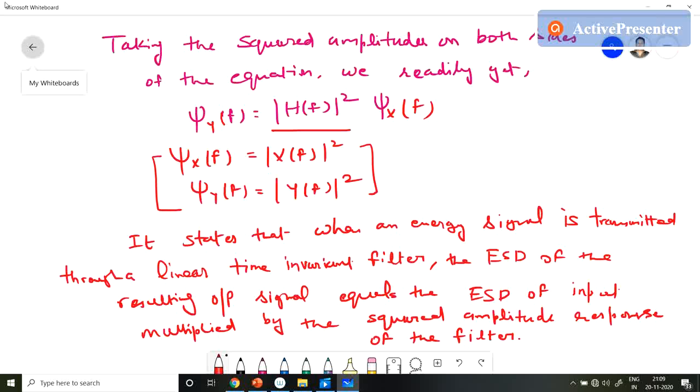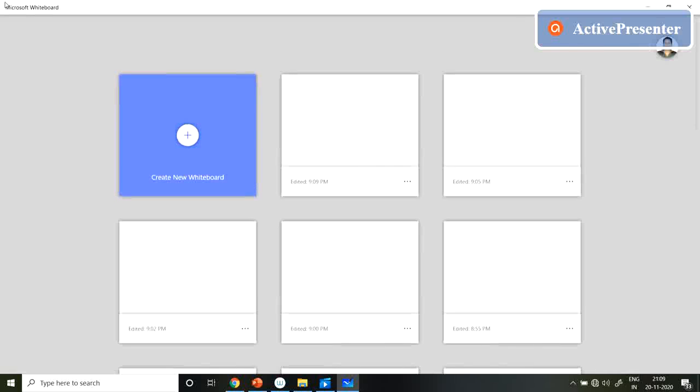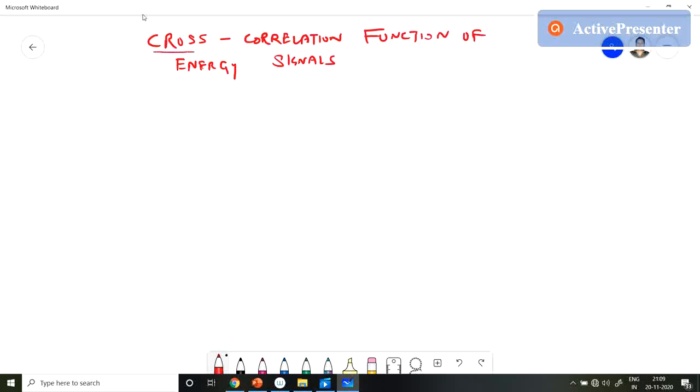Now we have another very important term that we are going to study, the cross correlation function of energy signals. So let us discuss this cross correlation function of energy signals.